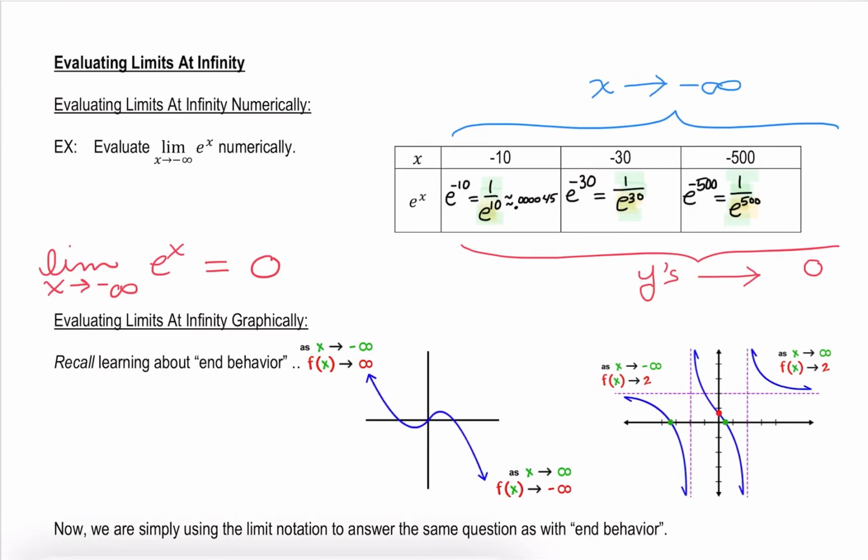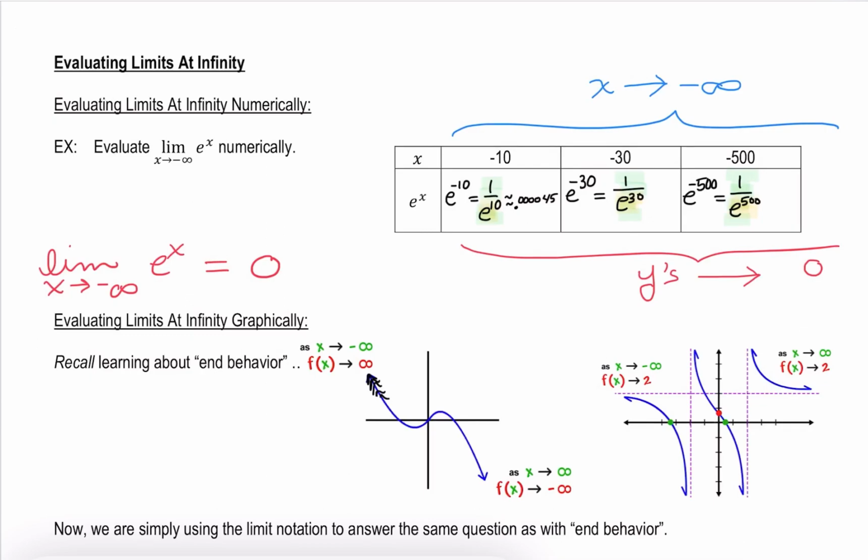So the idea is looking at what's happening as x goes to negative infinity. We're traveling along the function further and further to the left. In this situation, those y's just seem to be increasing, getting bigger and bigger and bigger.